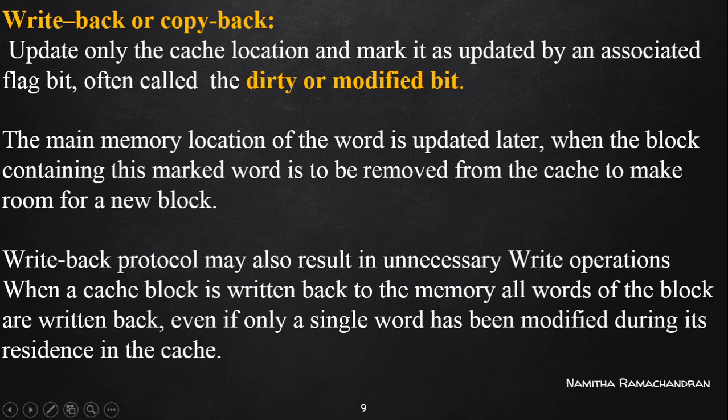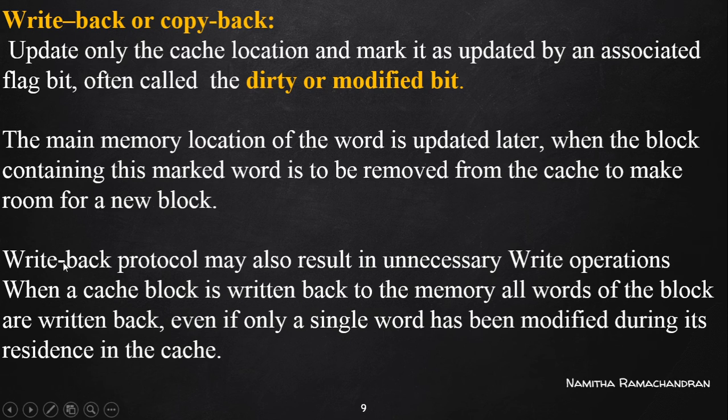So at a later time instant, whenever the cache block in which that modified memory word is present is replaced with a new value, the replaced block is placed back into its primary memory location. At that time instant, the value gets modified in the primary memory also.